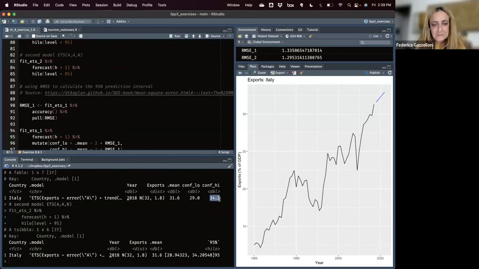So the RMSE is basically a very similar value to the standard deviation of the forecast. The difference is that instead of multiplying by 1.96, we're multiplying by 2. And that is basically the difference.